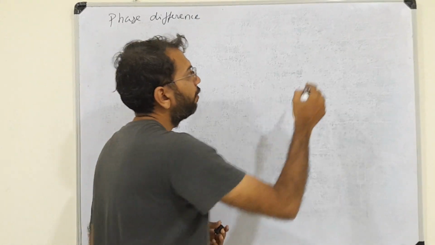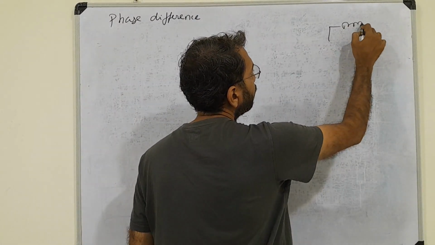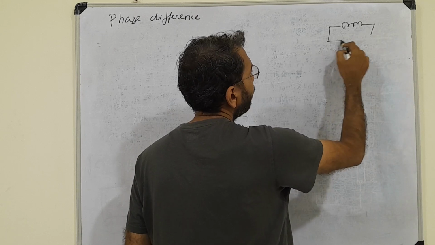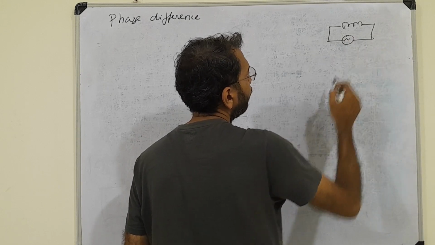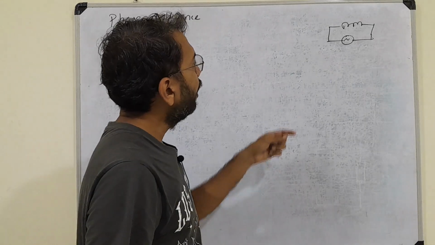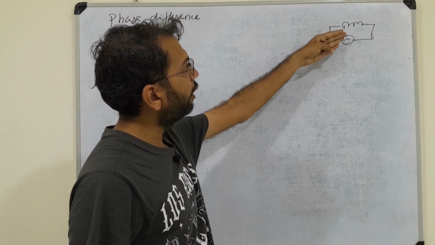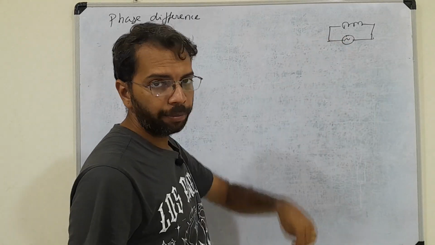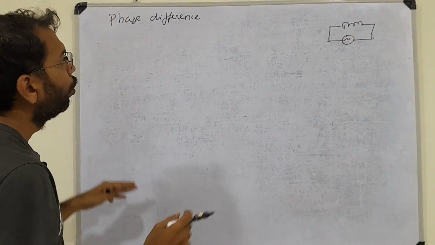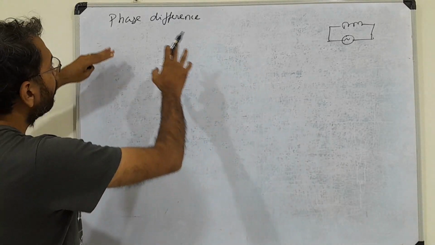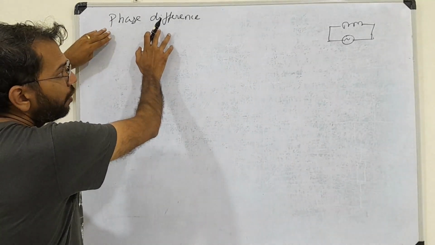When you have an inductor or a capacitor connected to an AC supply, then there is a phase difference between the current and the potential difference applied. So in that context we are going to look at what is phase difference.